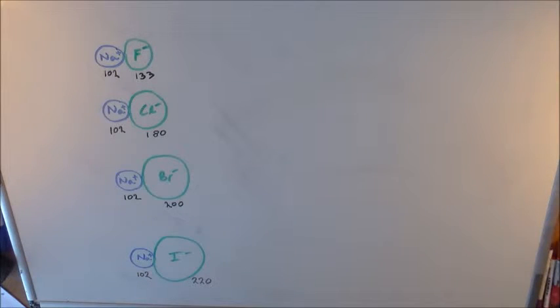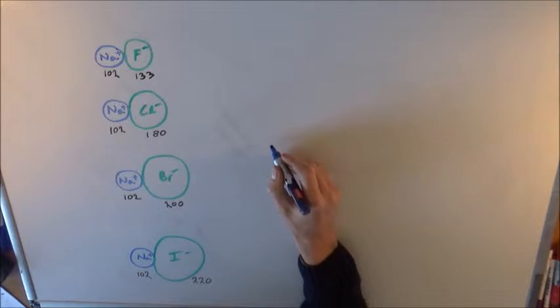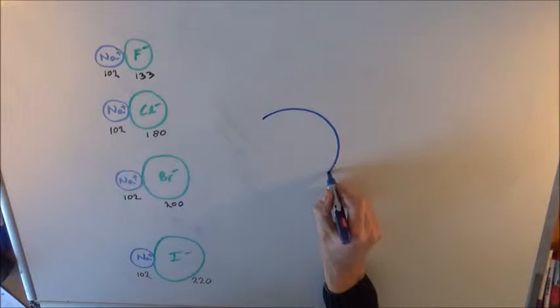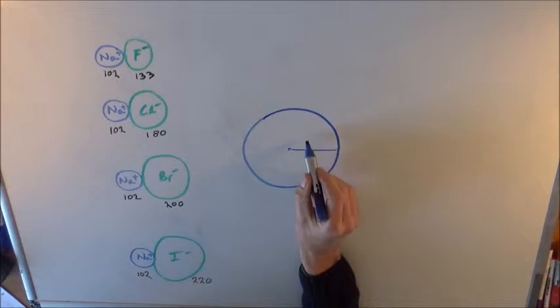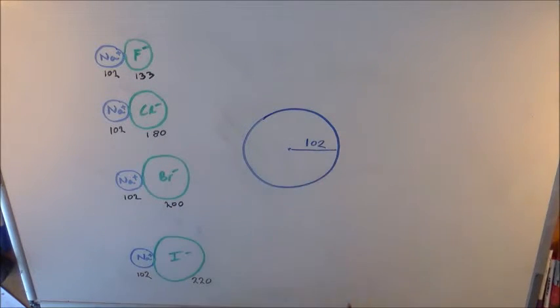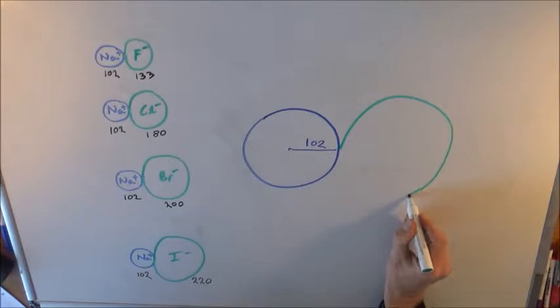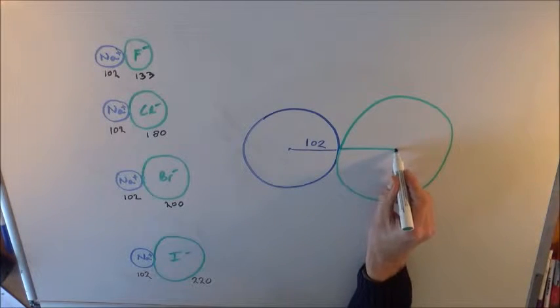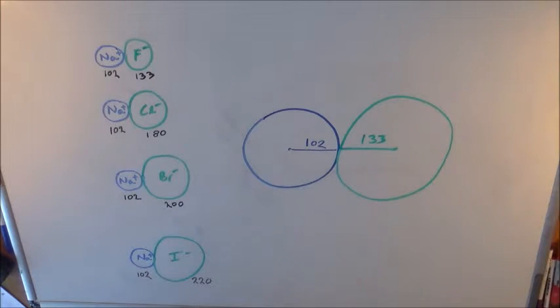I'm just going to draw the sodium fluoride a little bit larger. Here's the sodium ion, and we've said that the radius of a sodium ion is 102 picometers, and put next to it the fluoride ion in the lattice, which is just a bit bigger, and the fluoride ion is 133 picometers.